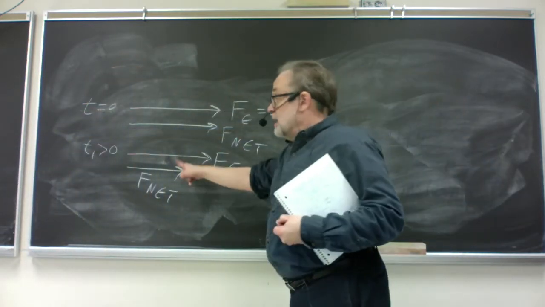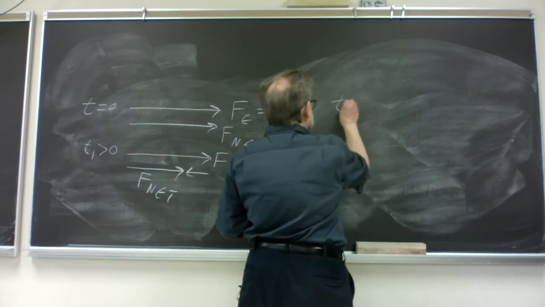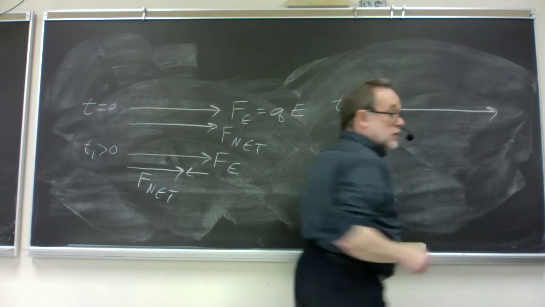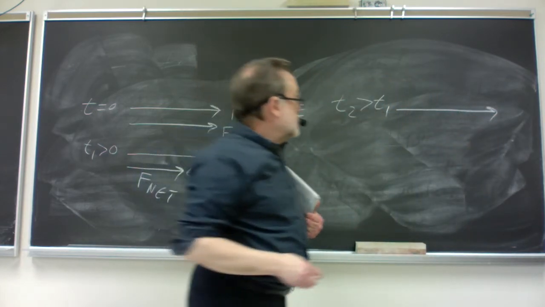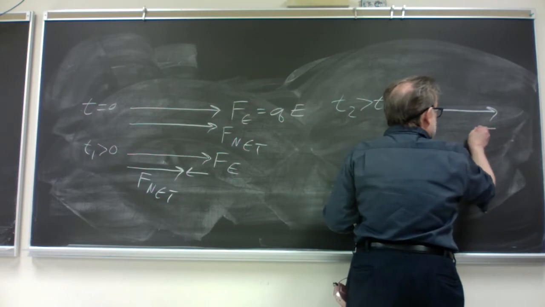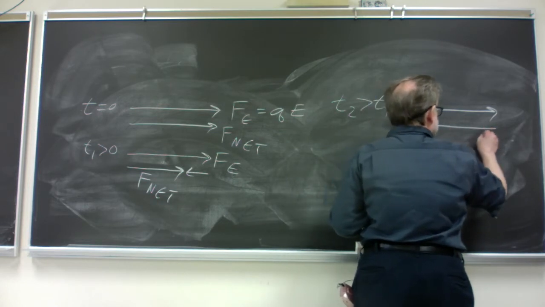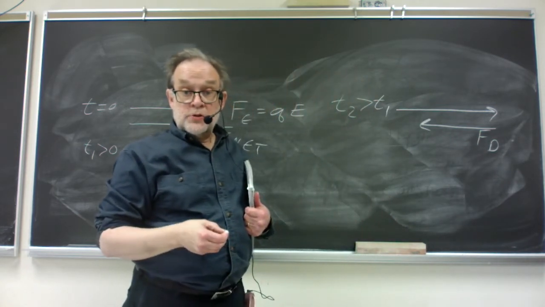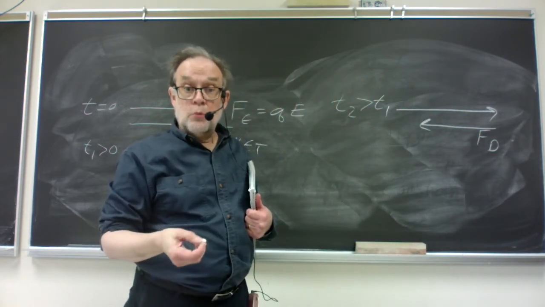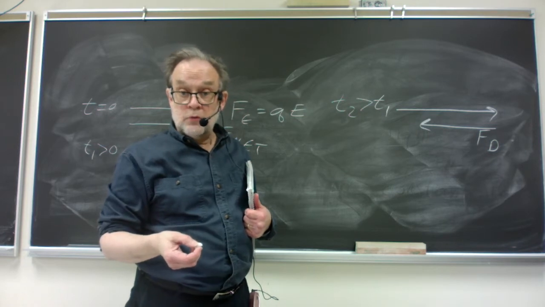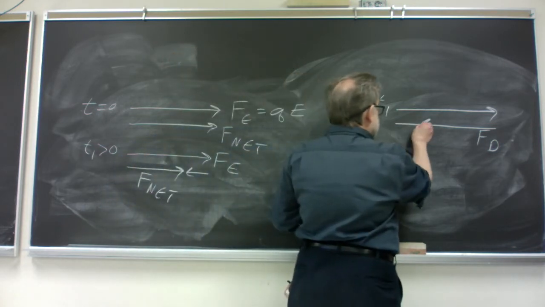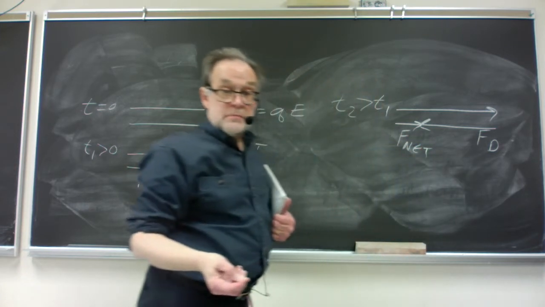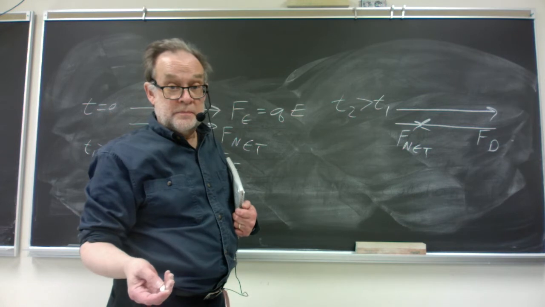So now at some time after this, the push caused by the electric field is the same as it always has been, but those particles have been speeding up. So the drag force has gotten stronger, so now it's canceling out even more of the forward force than before. So there's still a net force in the forward direction, but it's much smaller than before.